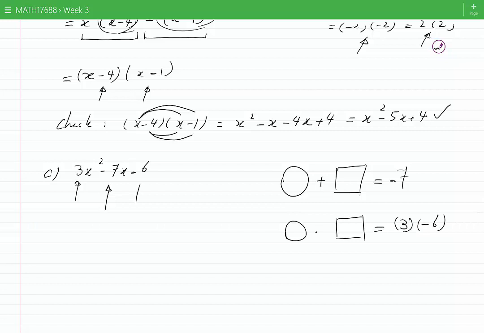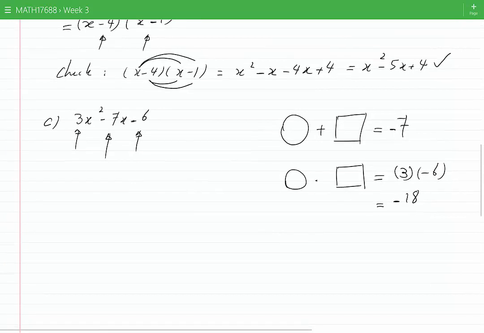Or in other words, if you multiply the two numbers, you would get minus 18. We need to find two numbers that if we add, we get minus 7, and if we multiply them, we get minus 18.